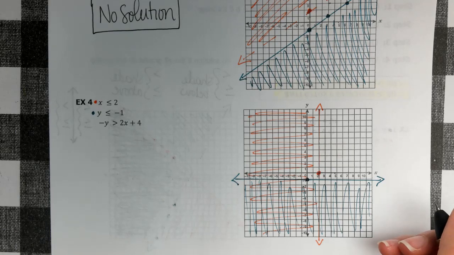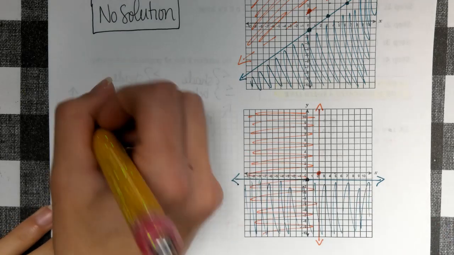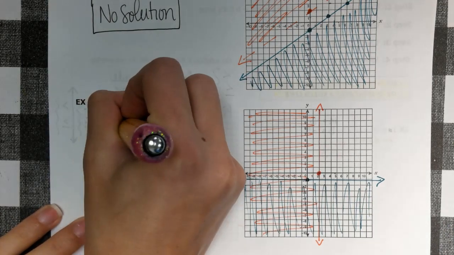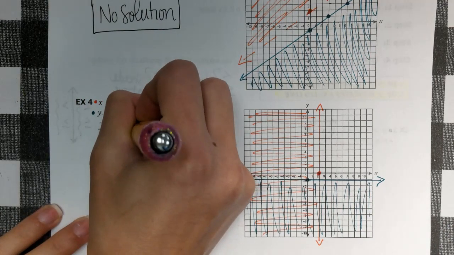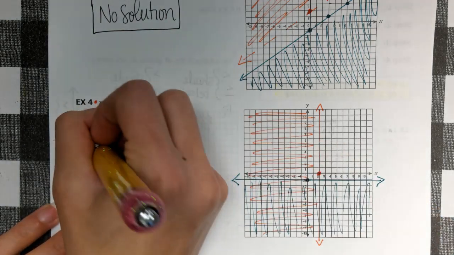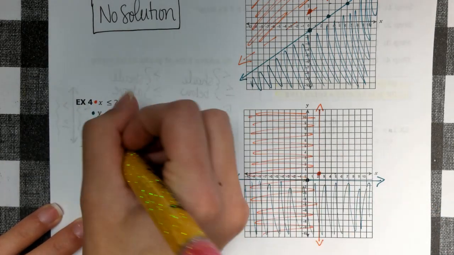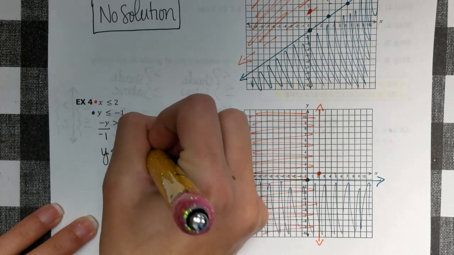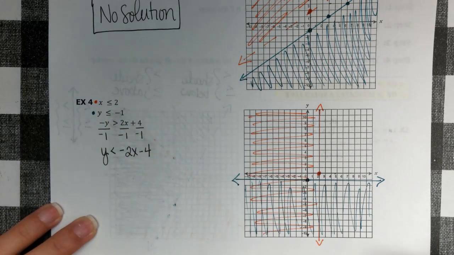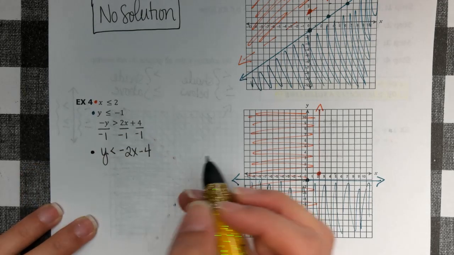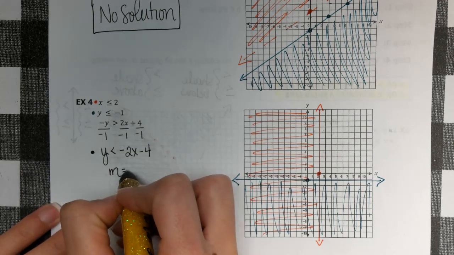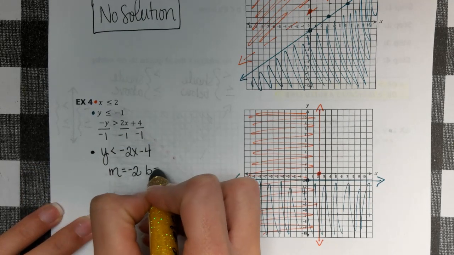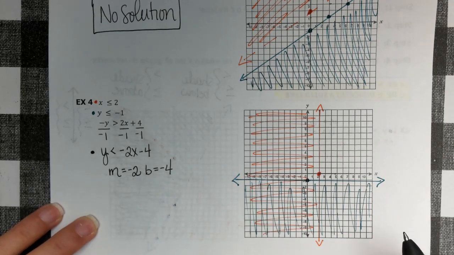Now this next one I have a -y. What do I have to do with that? I divide everything by -1. When I divide everything by -1, what do I have to do? Flip that inequality symbol. So it's now y is less than -2x minus 4. So my slope is -2. My y-intercept is -4.